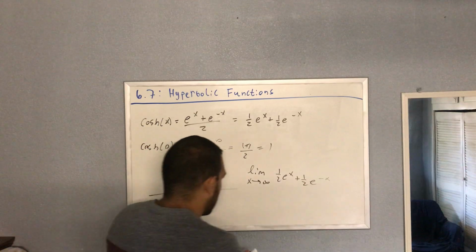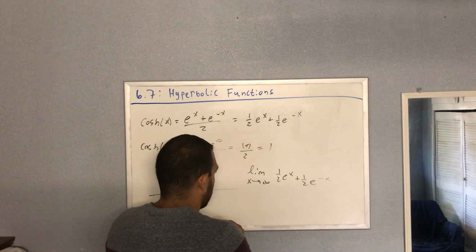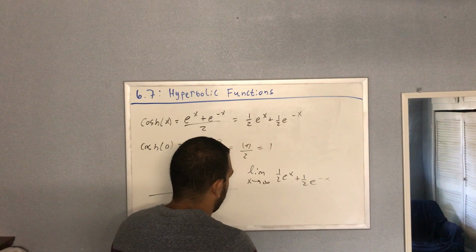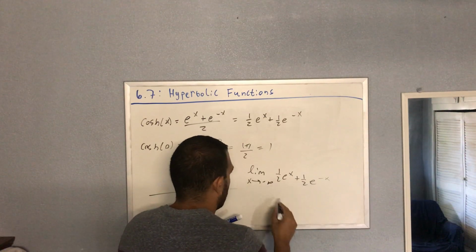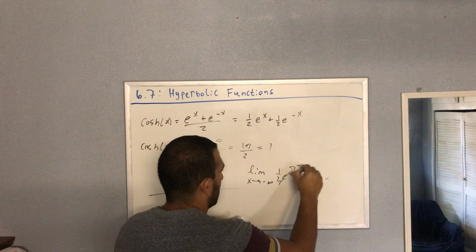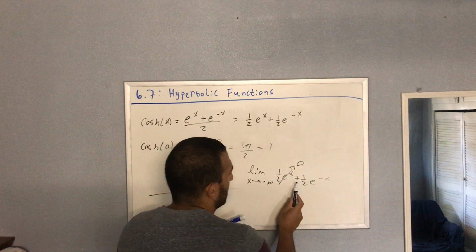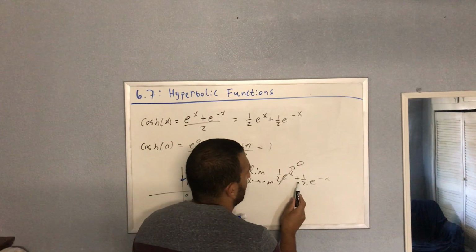And actually now you can see if we do the negative infinity here, just a small difference here. Now this guy will go to 0 like we talked about, but there's not that minus sign now.